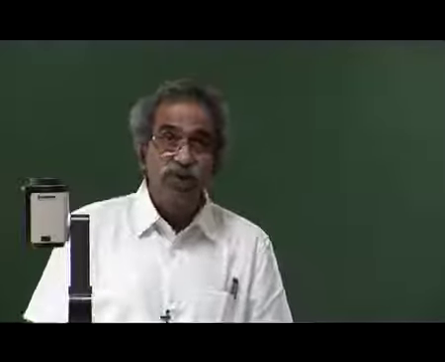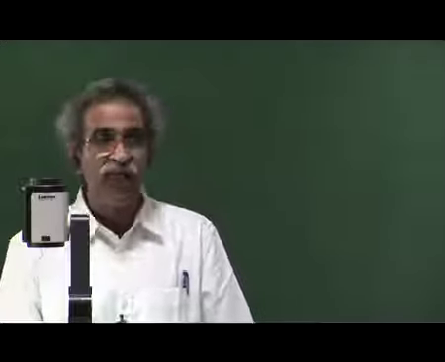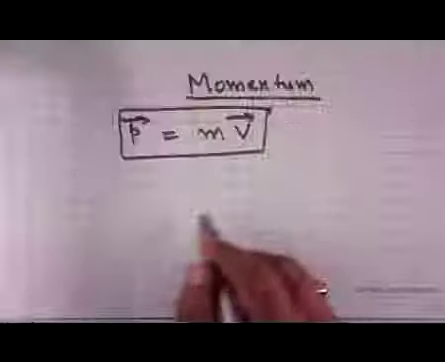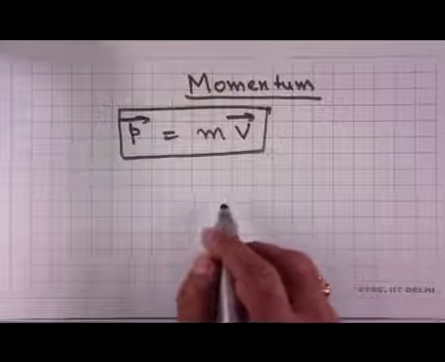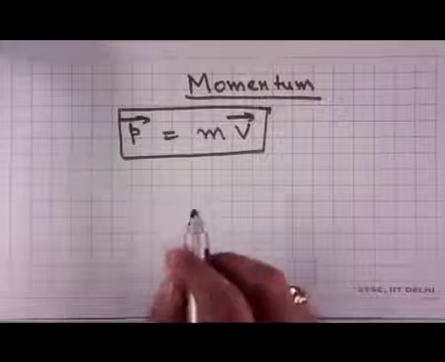This definition is also not changed in relativity, except that this mass will depend on the state of motion. Never mind about that. So now we have the concept of momentum.